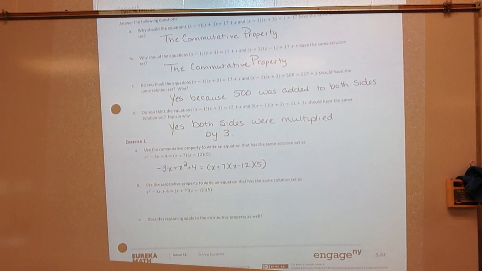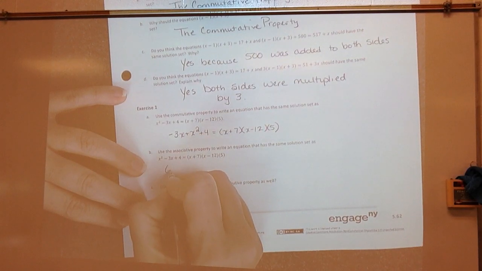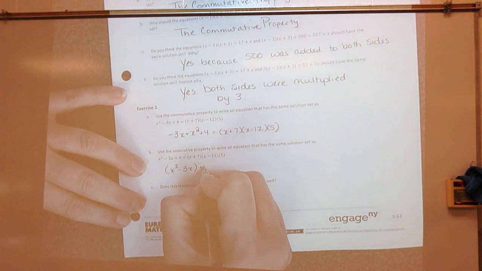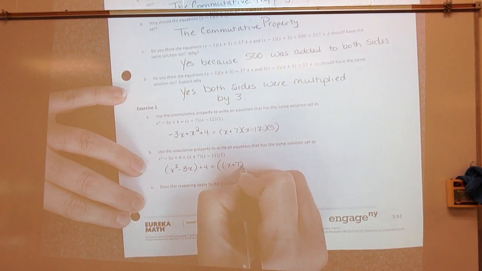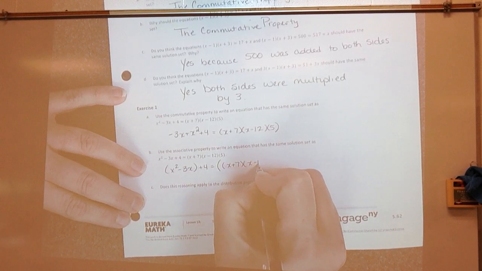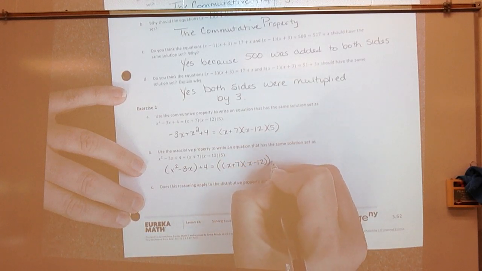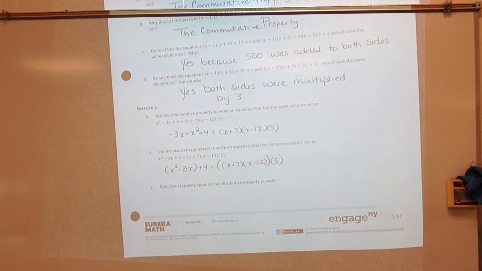Alright, so I can use parentheses to change this just a little bit. I can do it like this. I can do x² − 3x + 4, and then I can do parentheses over here and say, well, I want to multiply those first before I multiply through by 5.